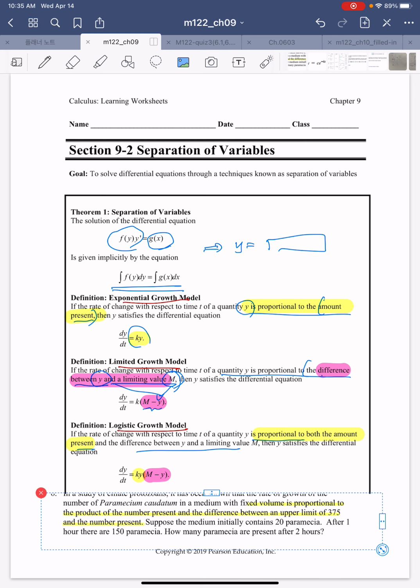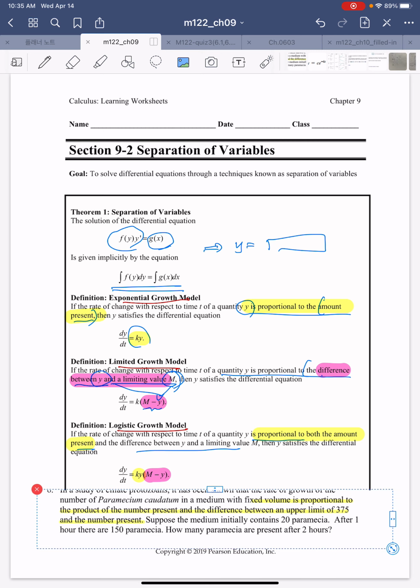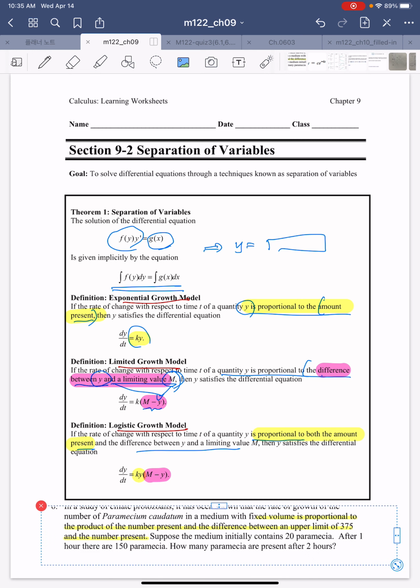Out of the three, which looks the most like this one? We have a fixed volume, proportional to the product of the number present and the difference. So you see the word difference, that's the key word here. So I can eliminate exponential growth because this one doesn't have the word difference. What are we taking the difference between? The upper limit and the number present.